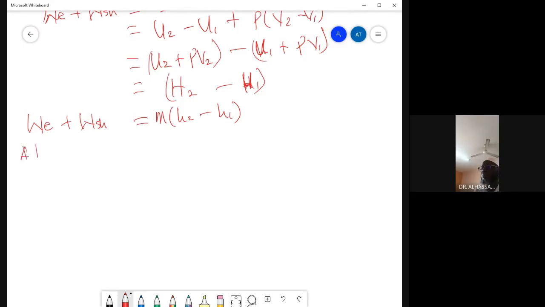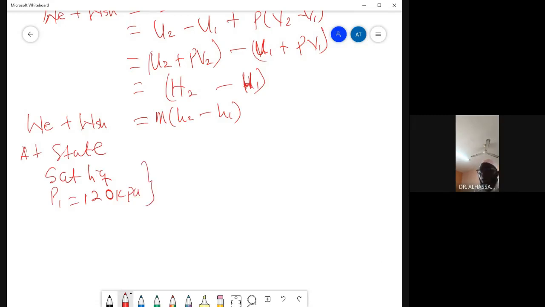So at state one, what do we know as state one? We are told the fluid is saturated liquid. And then the initial pressure P1 equals 120 kilopascal.